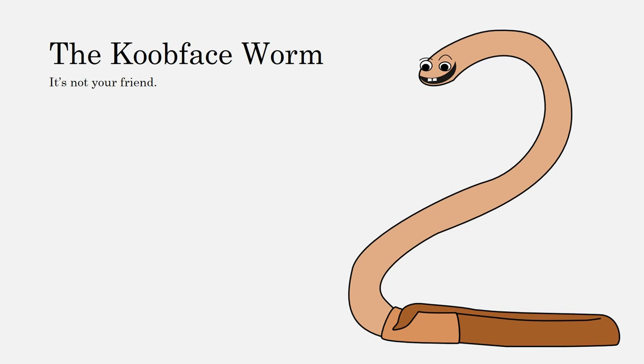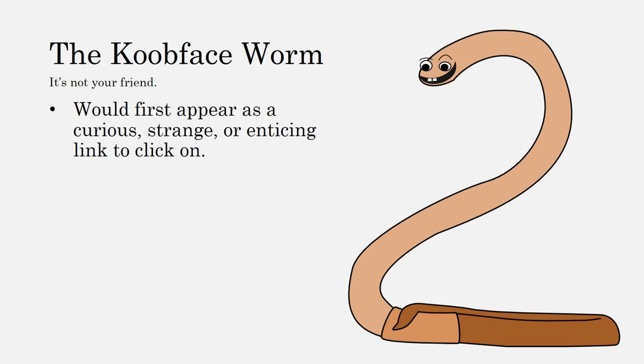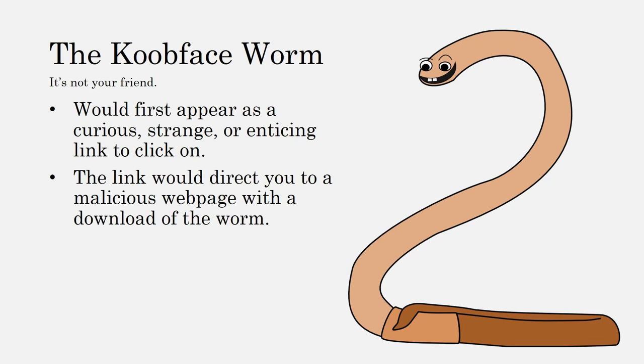For example, a worm called Kubeface that spread on Facebook appeared in 2008. Kubeface would first appear on one's Facebook feed as a curious, strange, or enticing link, something that was apparently posted by a friend. But when a user clicked on the link, the user would be directed to a website with either a drive-by download of the Kubeface worm or with a Trojan horse that disguised the Kubeface software as a safe file download.